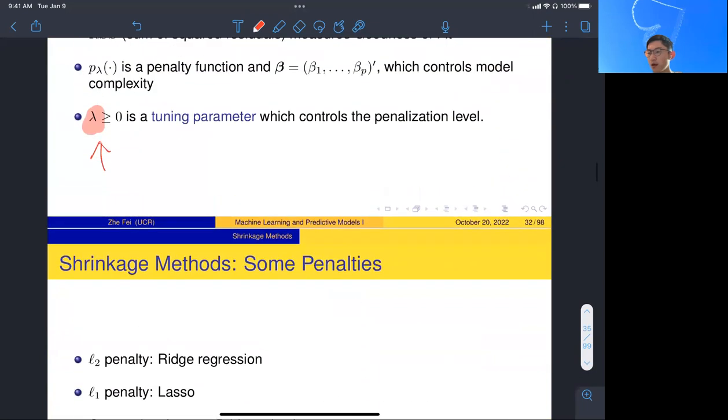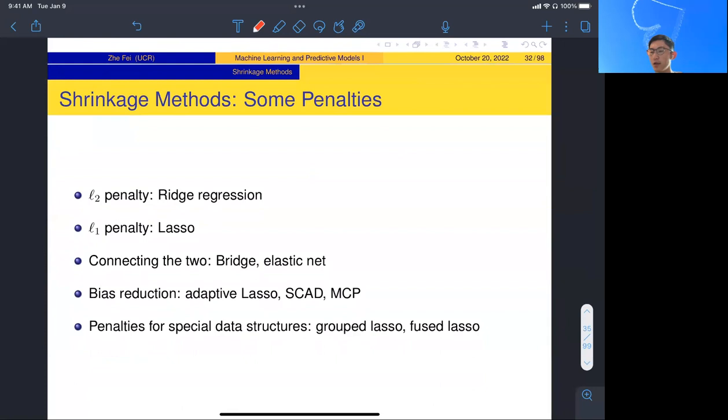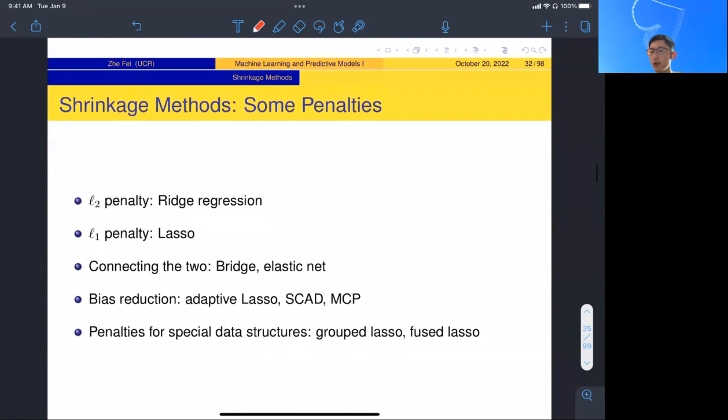So to write this out, we will introduce several of them next. For L2, people call this L2 penalty the ridge regression. This is because p lambda of beta is written as lambda times the beta vector L2 norm, right?